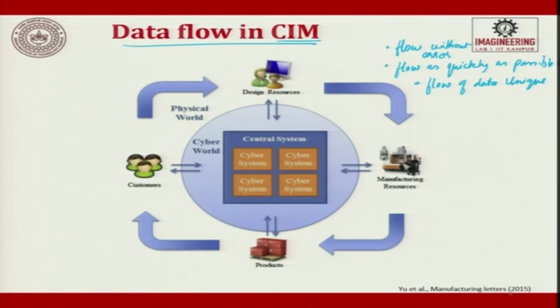So, if you look at a manufacturing environment, design is the first step. The design resources are passed on to the manufacturing resources. The design engineer develops a part, converts it into a part drawing, and the manufacturing drawing is sent to manufacturing resources.